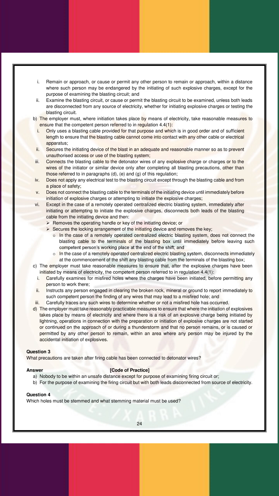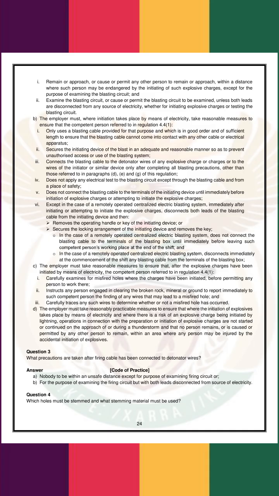The employer must, where initiation takes place by means of electricity, take reasonable measures to ensure that the competent person referred to in Regulation 4.4.1 only uses a blasting cable provided for that purpose and which is in good order and of sufficient length to ensure that the blasting cable cannot come into contact with any other cable or electrical apparatus. 2.